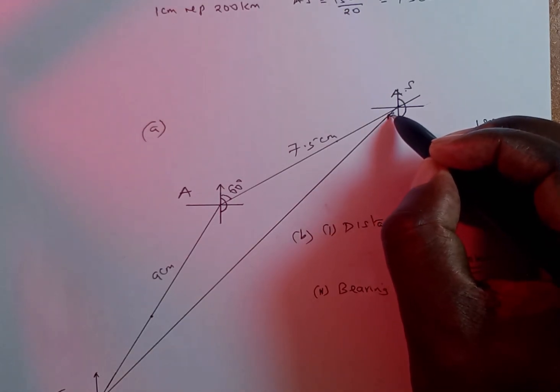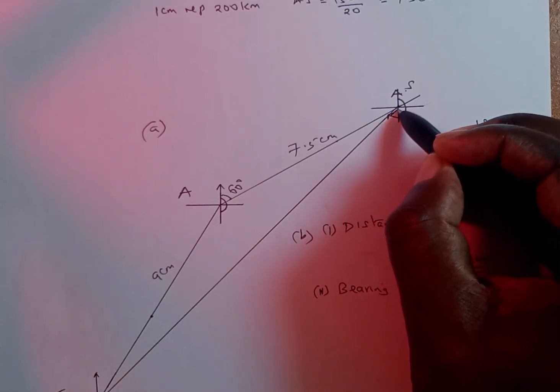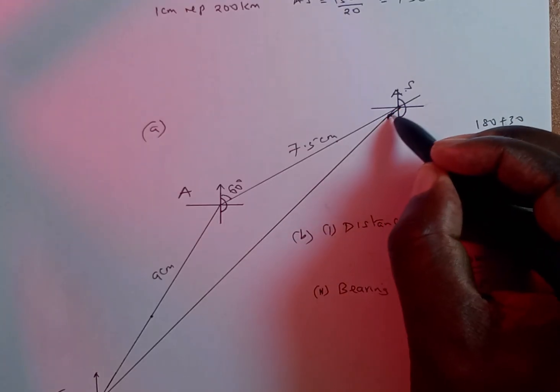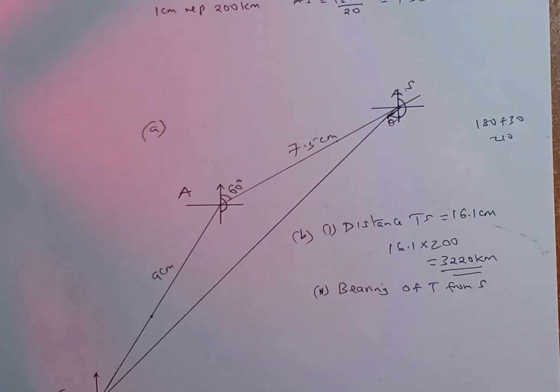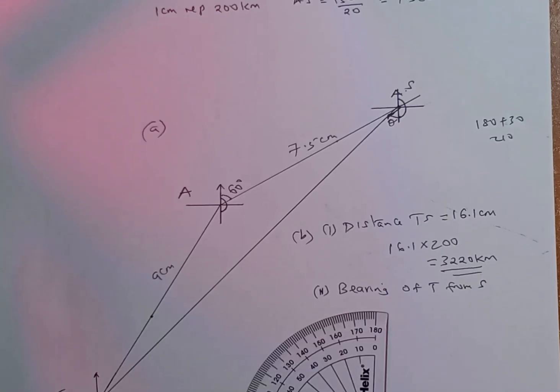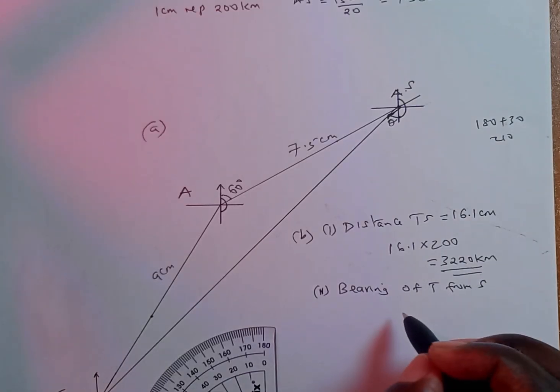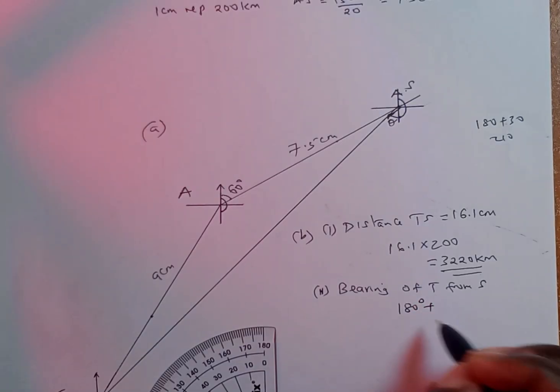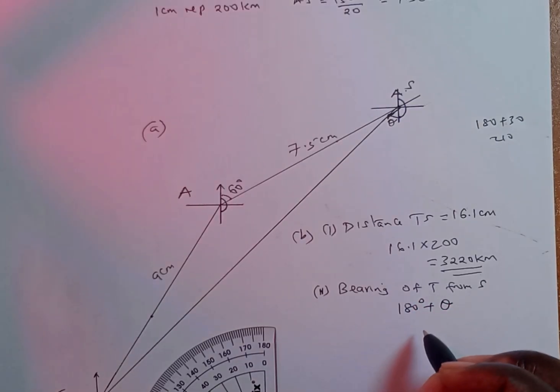Then measure the angle in between here. The angle at this point here, which we can call angle theta, can be determined. So using the protractor, we already have 180 degrees. We add the angle theta there.